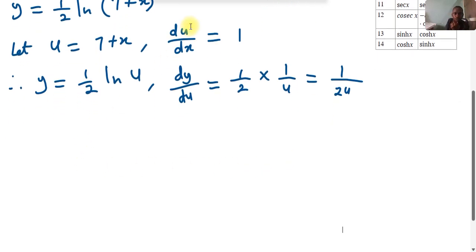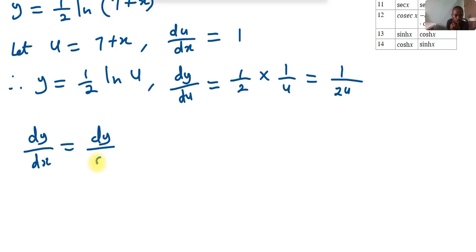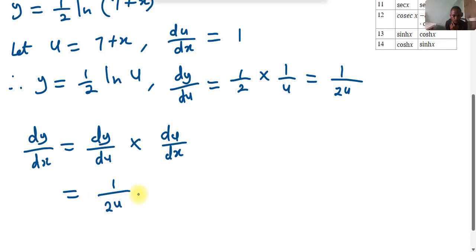For the chain rule, we have dy/dx equals dy/du multiplied by du/dx. What's our dy/du? It is 1 over 2u, multiplied by what's our du/dx, that is 1. So I'll write that as 1 over 1.